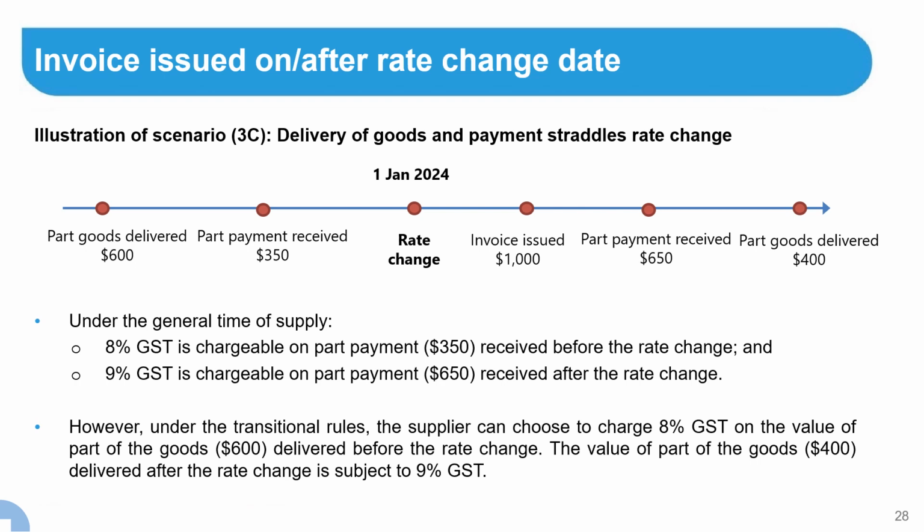Since the supplier has received part payment and delivered part of the goods before the rate change, he can choose to charge GST at 8% on the higher value of goods delivered or payments received before the rate change. In this case, he can select to charge 8% GST on $600, which is the higher value, and charge 9% GST on the remaining value of $400.